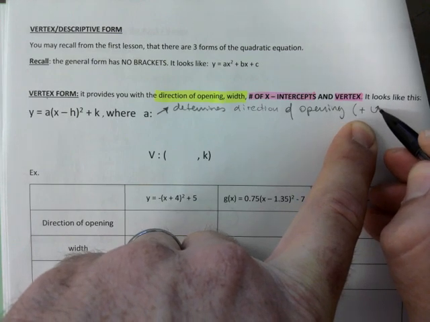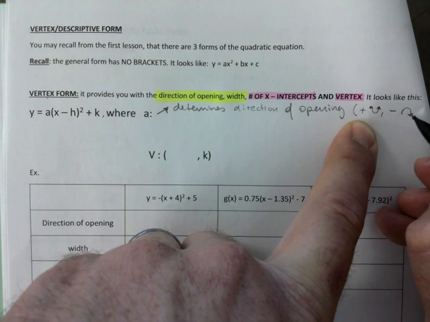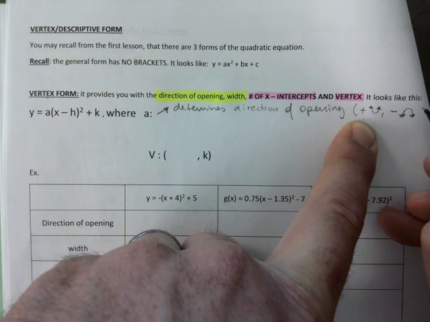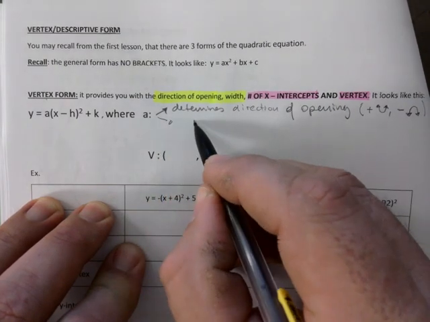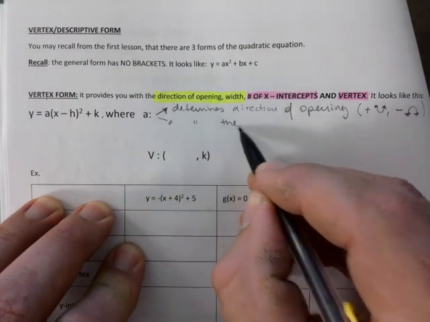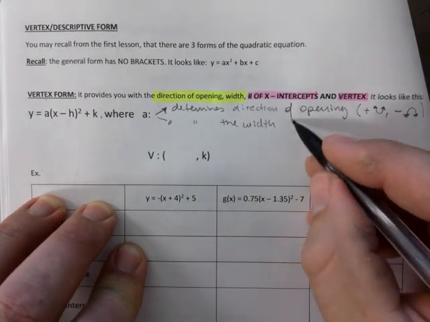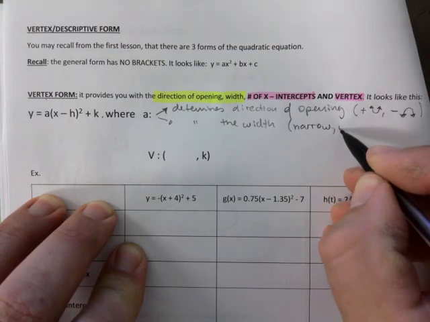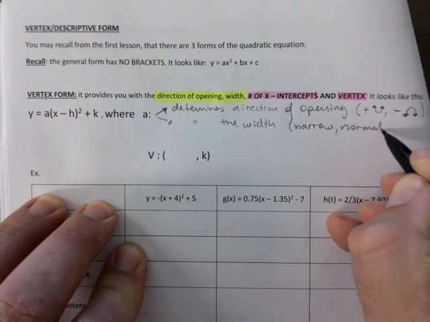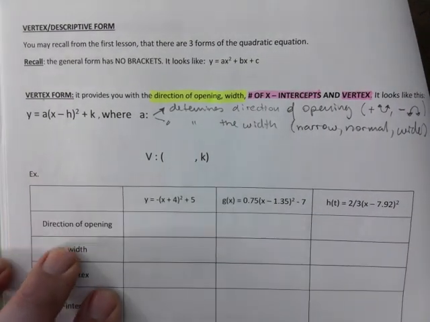Positive up, negative down. Nothing changes there. And A determines the width. That would be narrow, normal, and wide, right? So that still stays the same. Nothing changes there.